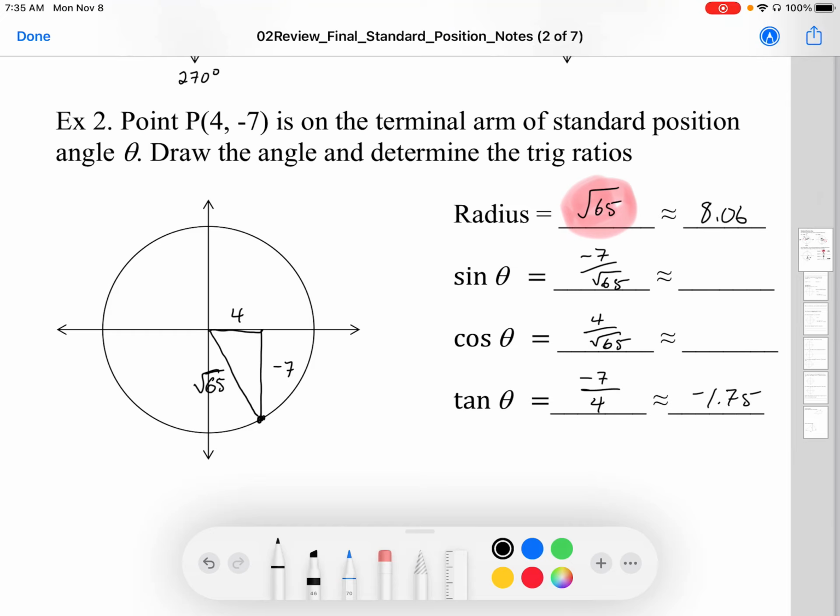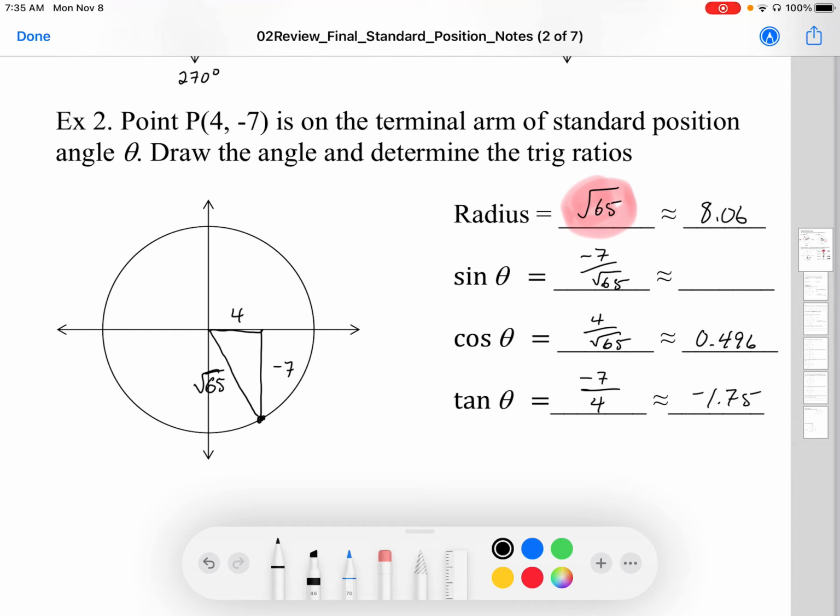4 divided by √65 gives us +0.496. Okay, so that means the horizontal length is about 50% the length of the hypotenuse.